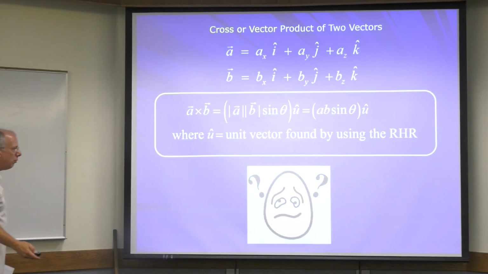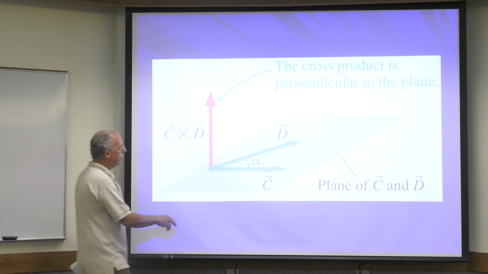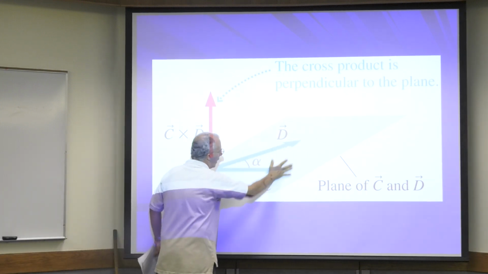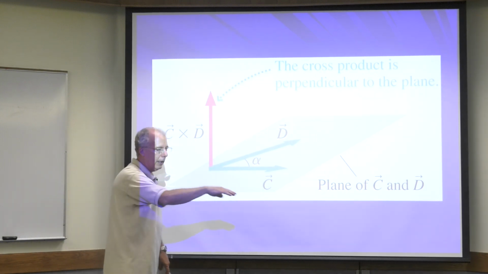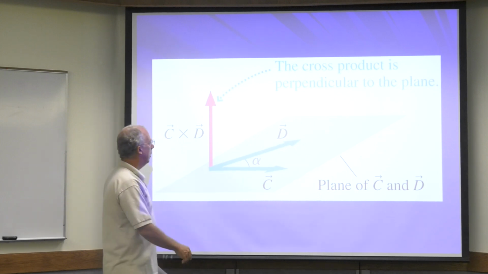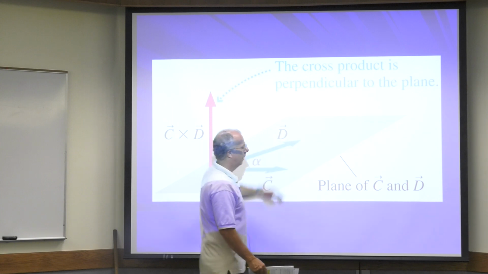So what's the right-hand rule? Here are two vectors, C and D, and they're in the same plane. Let's say we have a horizontal plane, and C is this way, and D is that way. You notice that the cross product is perpendicular to the plane.